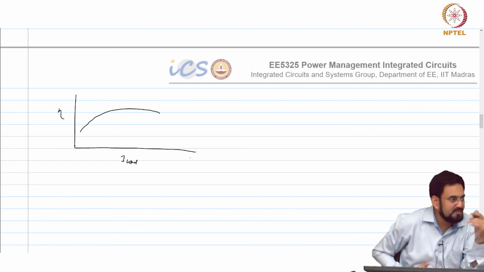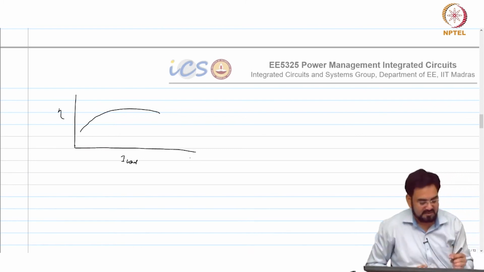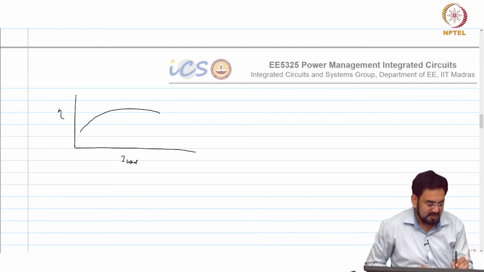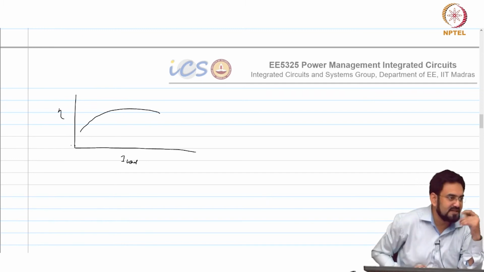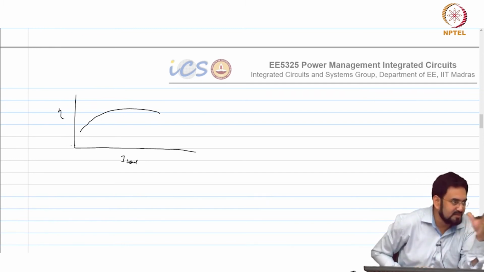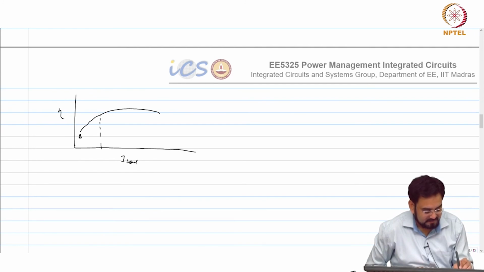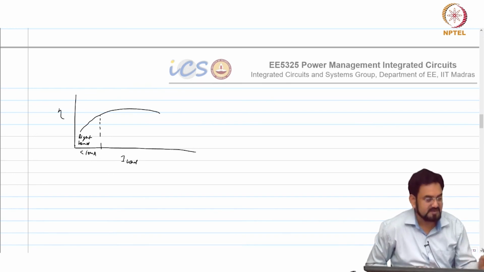Usually it peaks in the mid load, because your I square R losses will be negligible and your switching losses will also not be dominating in the mid load. So you will see a little bump in the mid load, and then this is your light load, which may be less than 10 milliamp or so.